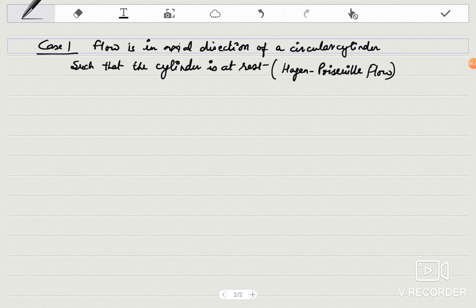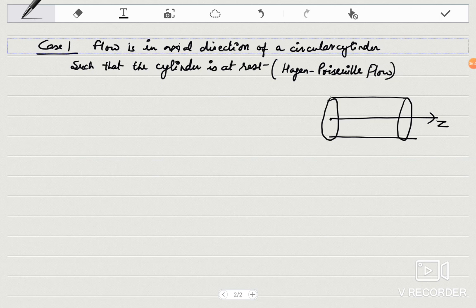Now what will be the velocity component? This is your flow problem, graph of the flow problem. Suppose this is a cylinder and this is the z-axis. Now r is any point on the cylinder, and r equal to a is the wall. This is theta.